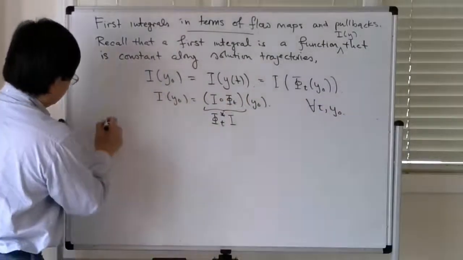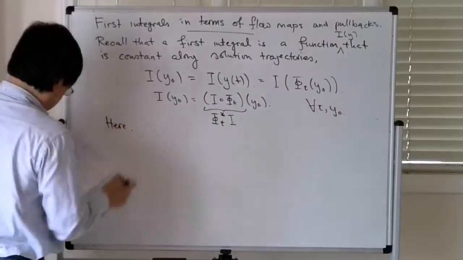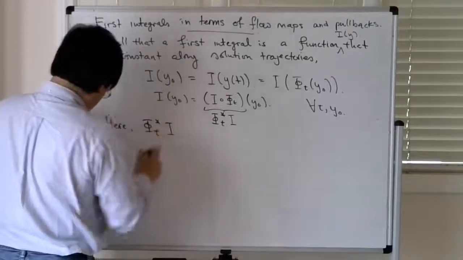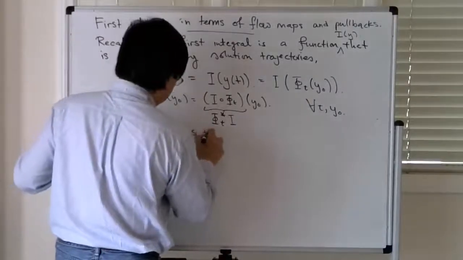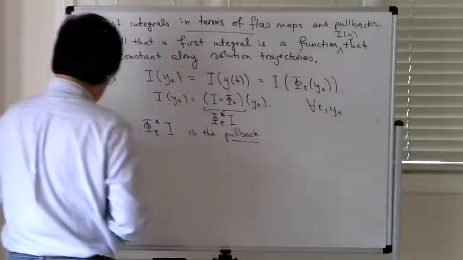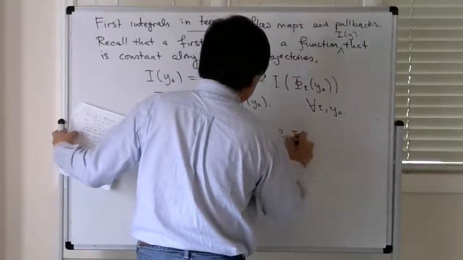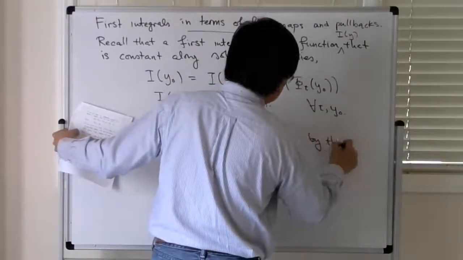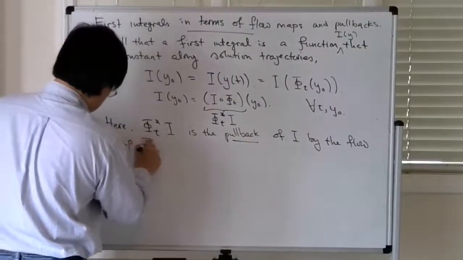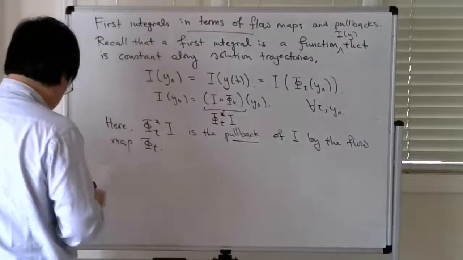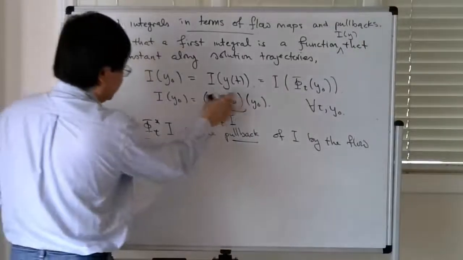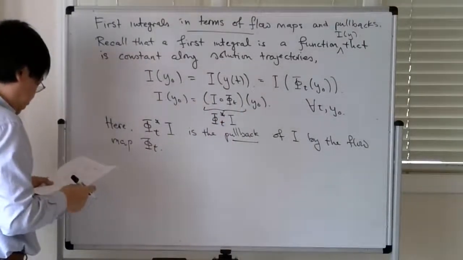So here, this phi of t star I is the pullback of I by the flow map phi of t. And again, it's just given by this specific choice of composition.